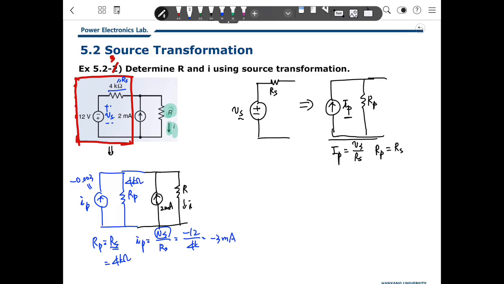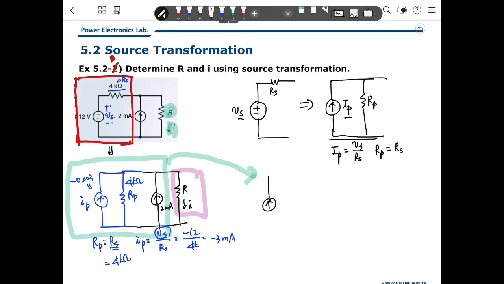Then in terms of this R and I here, you just don't care whatever it is, the other circuit can be drawn simply.